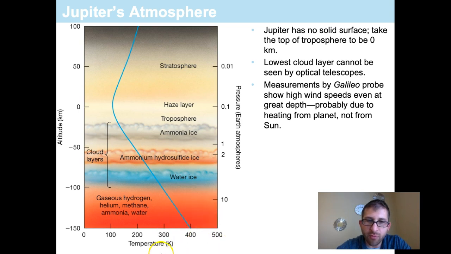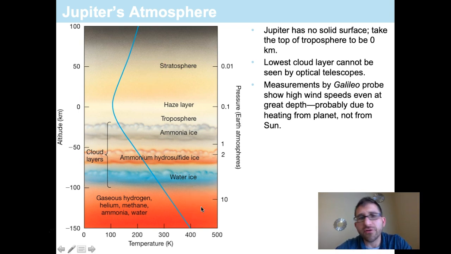So we're in the 400 Kelvin range. As we go up towards higher altitudes, more towards the top haze layer, temperatures are decreasing with height, and then they increase with height slowly again as we move into the planet's stratosphere.